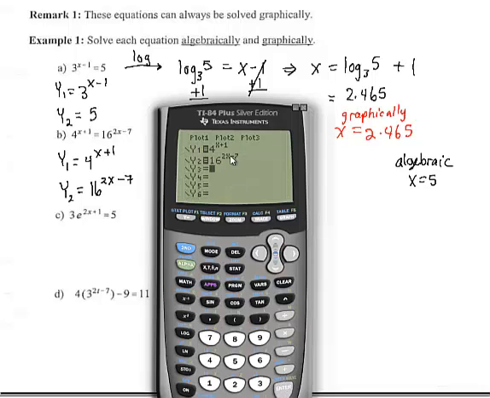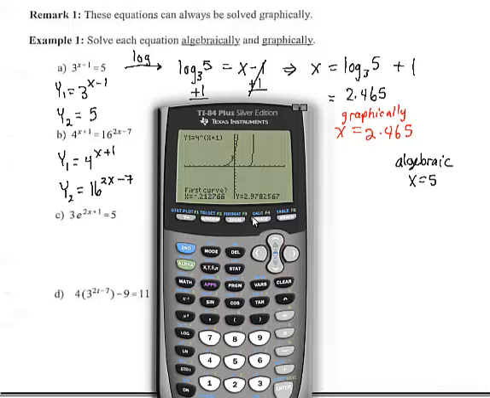Okay, they're both entered into the Y editor now, so we select our graph button. We get two exponential curves, and we can't actually see where they intersect. We'll try to calculate the intersection without actually having it displayed on our screen.